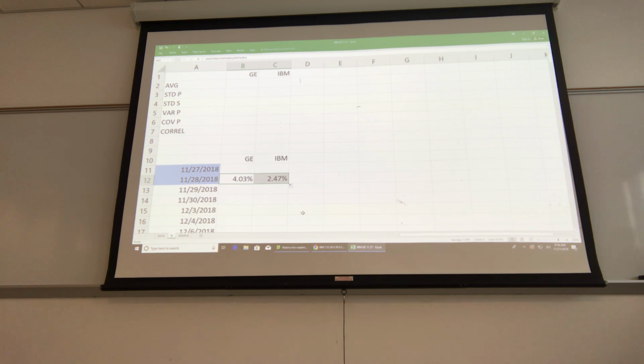Okay, this is the meaning of a percentage. Percentage is a comparison. You compare first the difference by subtraction, staying in the same format, same concept.